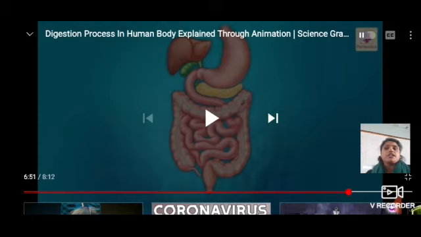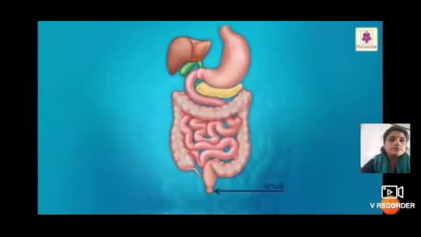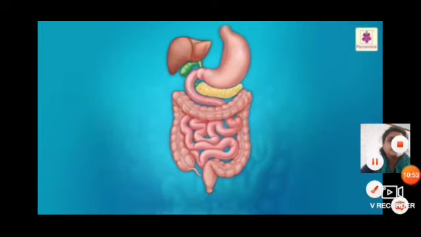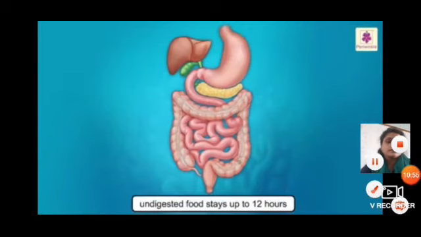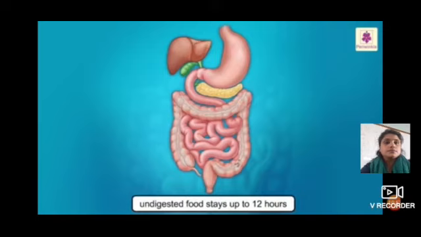The last part of the large intestine through which the feces pass out is called the anus. Undigested food stays in the large intestine for up to 12 hours before it is pushed out of the body.